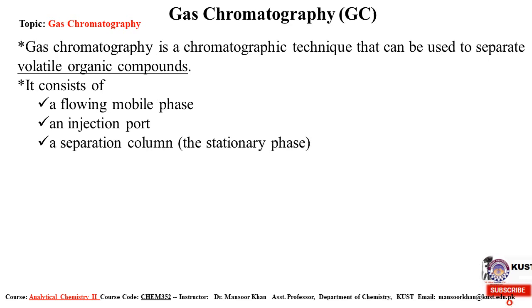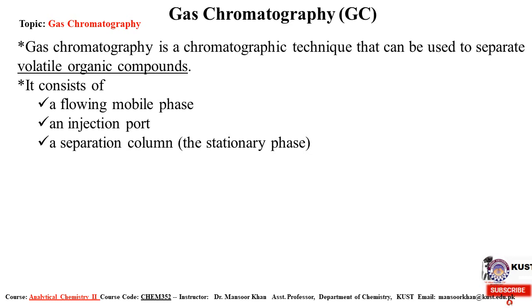The next portion of the gas chromatograph is a separation column which acts as a stationary phase. This separation column is also known as the analytical column.